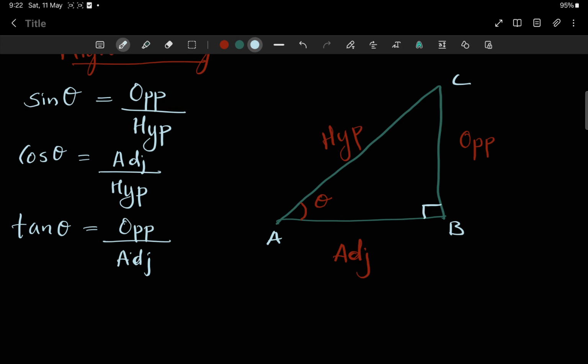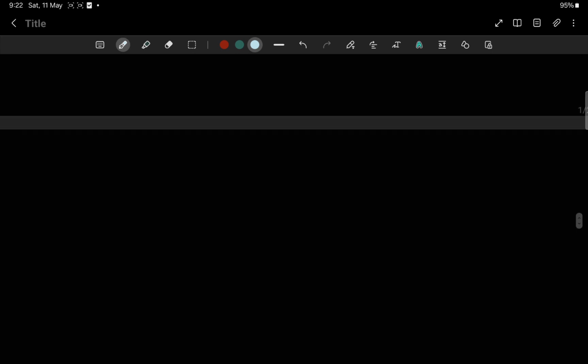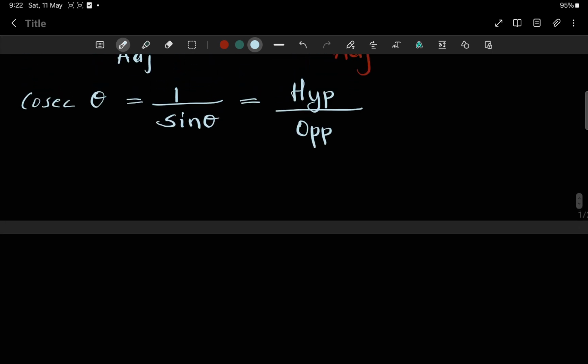Now I will dive into the other three trigonometric ratios, which are the reciprocals of these. First is cosec theta, cosecant theta, which is equal to 1 by sin theta, which is hypotenuse by opposite side.